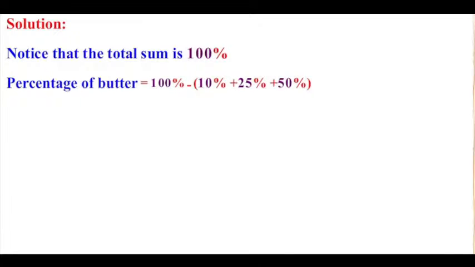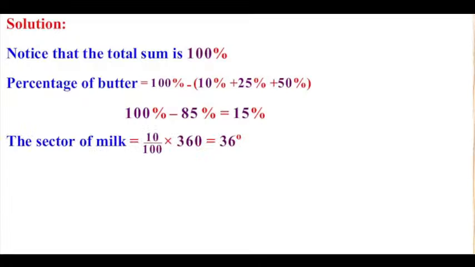So, percentage of butter equals 100% minus (10% plus 25% plus 50%) equals 100 minus 85 equals 15%. The sector of milk equals 10 over 100 times 360 equals 36 degrees.